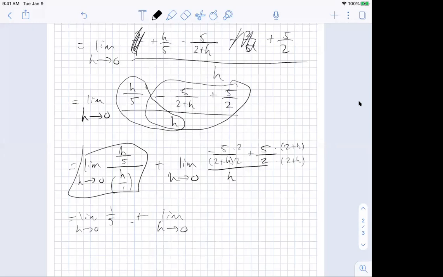When I do that, I'm going to get negative 10 plus, well, this is going to be 10 plus 5h, divided by 2 times 2 plus h. And then this h you can also write in this denominator, right?